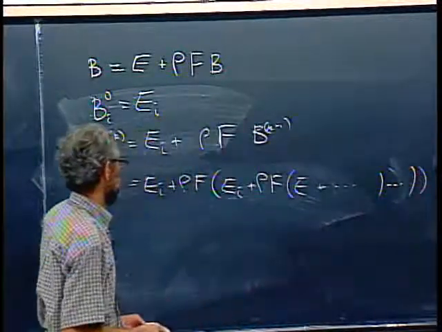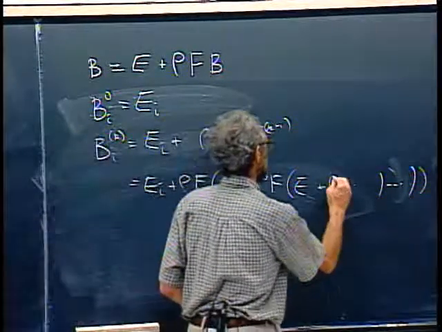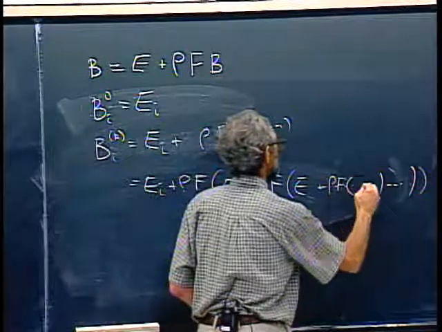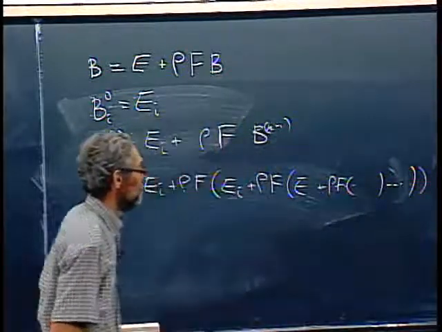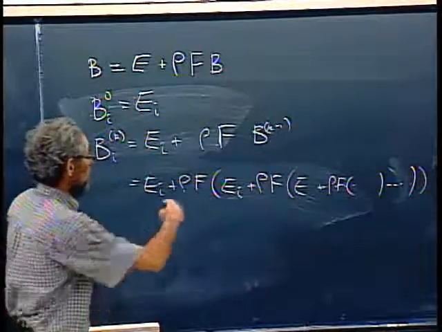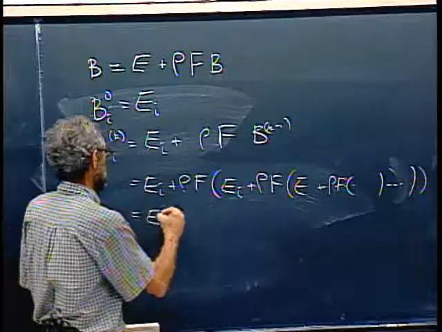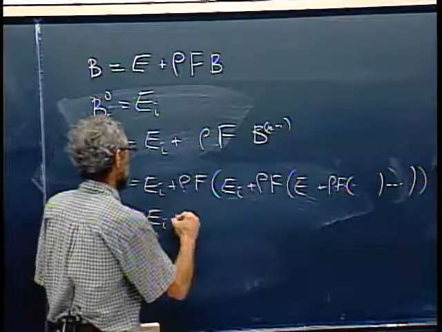In fact, I'm not even sure my parentheses match. No, they do. So basically, if you multiply out these iterated substitutions, you're going to get exactly the formula I had on the other board.